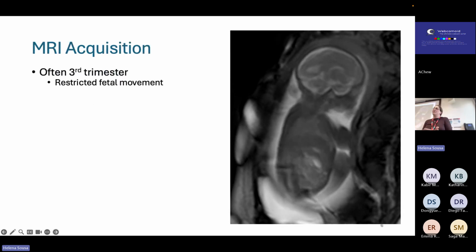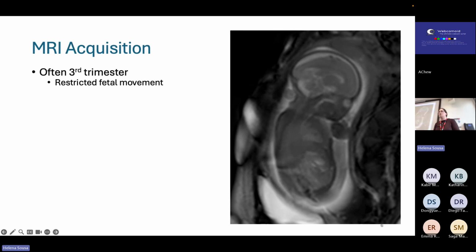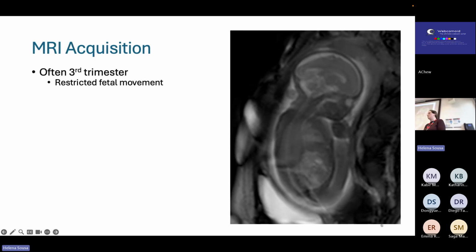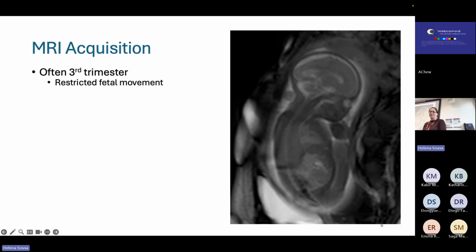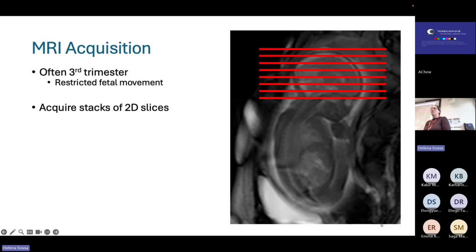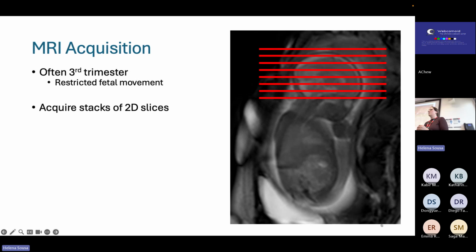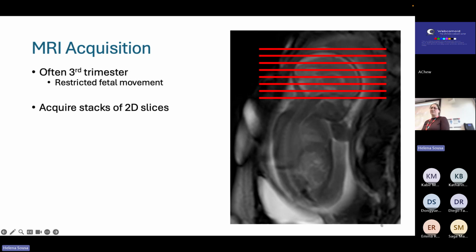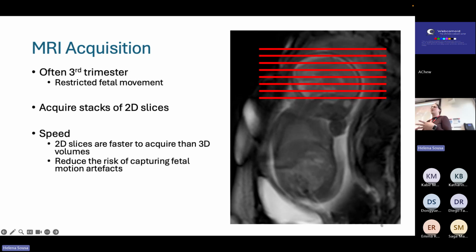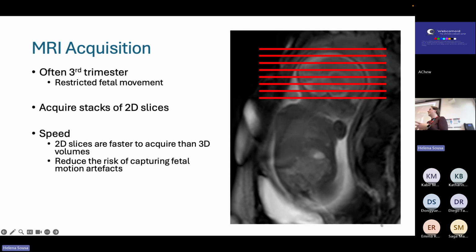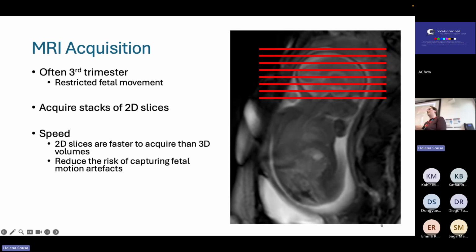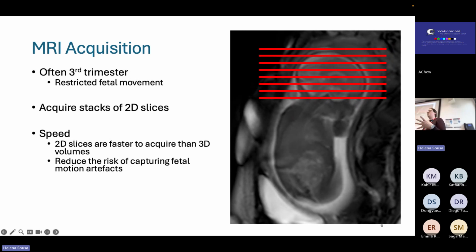So how do we overcome those challenges? First of all, we generally wait until the third trimester for doing our scans, because as you can see, the fetus is far more restricted in their movement. We begin by acquiring stacks of 2D slices because we can acquire the slice much faster, and that reduces the risk of us capturing any motion within one slice compared to if we were trying to scan a volume.